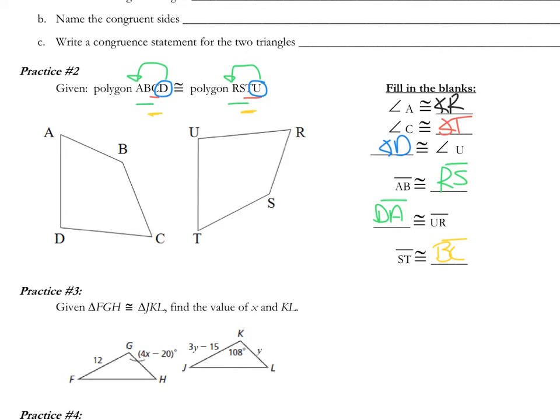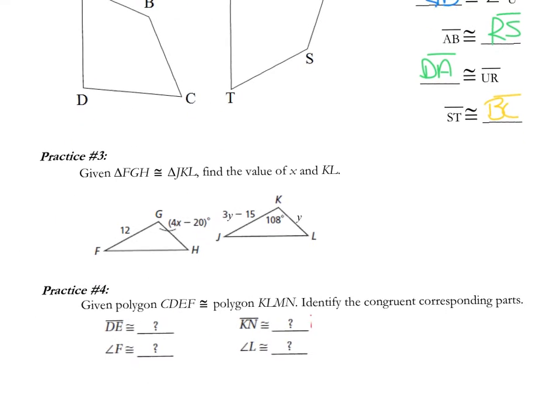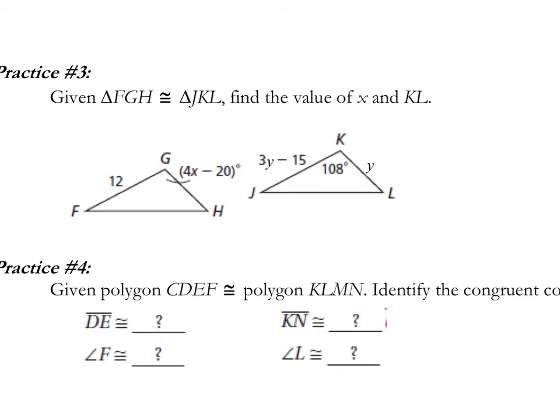We can do algebraic problems here because remember, if a polygon is congruent, then that means that all the angles are congruent to the corresponding angles, and all the segments are congruent to the corresponding segments. This says right here that these two triangles are congruent.